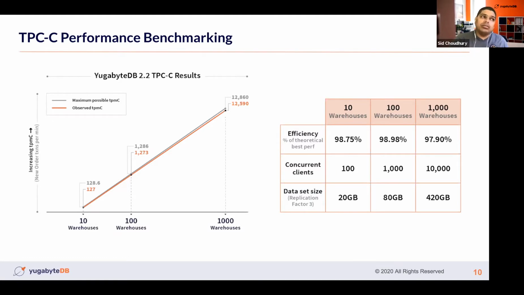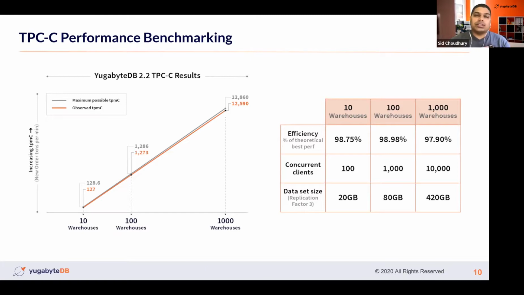you can start very small as on day one. That's what the 10 warehouses column looks like, and then as you become successful, as your app becomes successful, all you have to do is keep on adding nodes into the system, and then you can get all the way till that 100,000 warehouse, even 1 million warehouse mark is possible, because in this Spanner style, horizontally scalable per shard distributed consensus architecture, there is no single point of bottleneck when it comes to performance and availability, because essentially the big distributed system has been broken into small distributed systems at a shard level, and that allows this phenomenal linear scaling with essentially no limits.